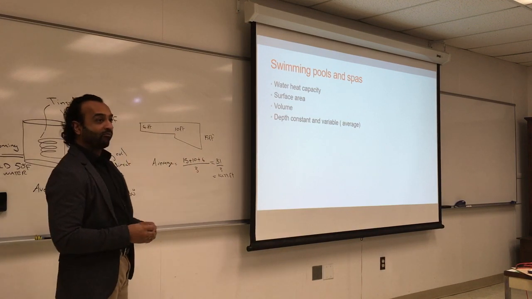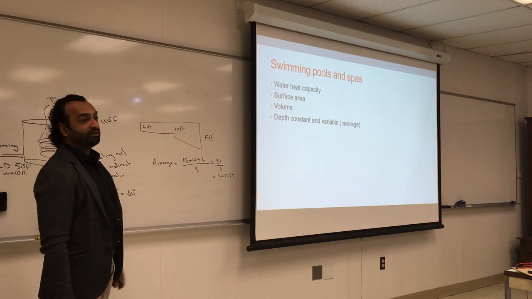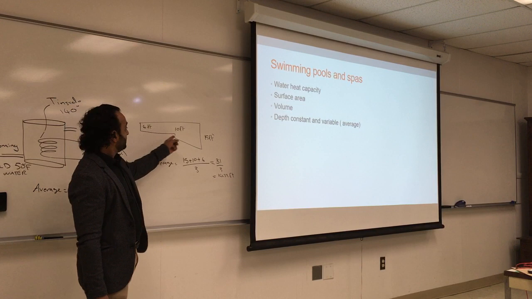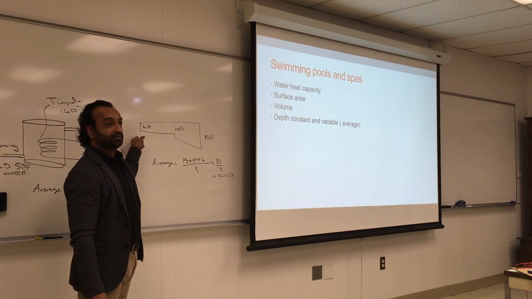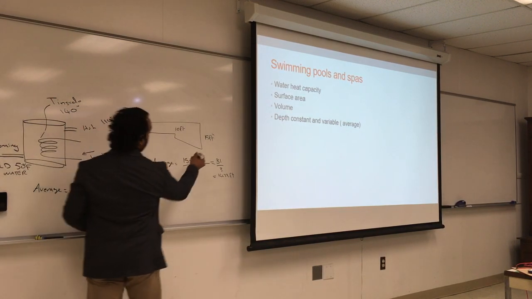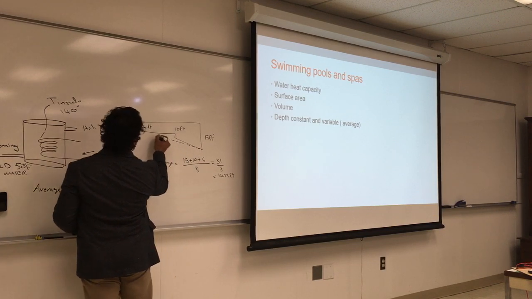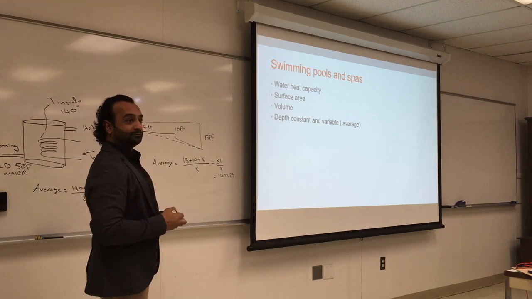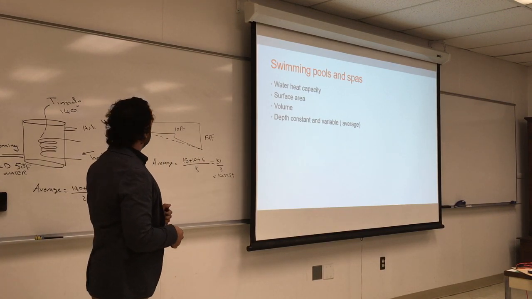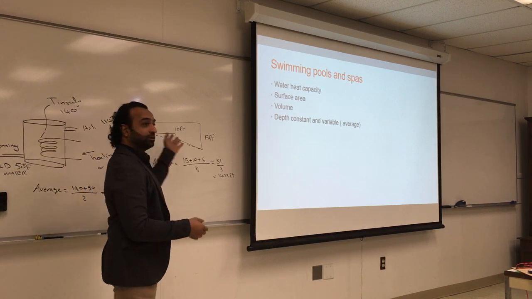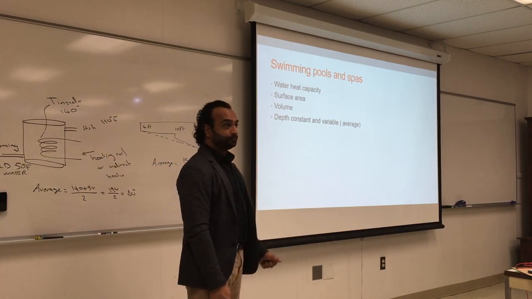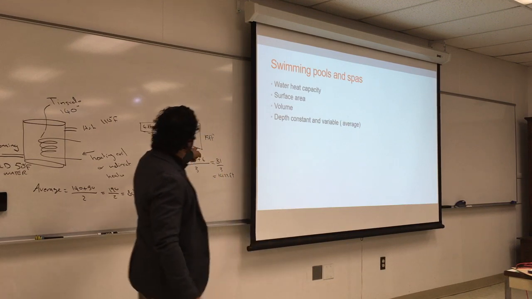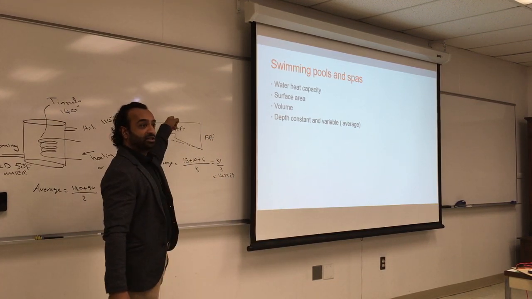Or the ends divided by 2, right? But that's not going to be very accurate because it's not a consistent depth. It would be right if this was the case here. So then it's 21 divided by 2. But we have inconsistent depth. It goes in a step, it goes back.